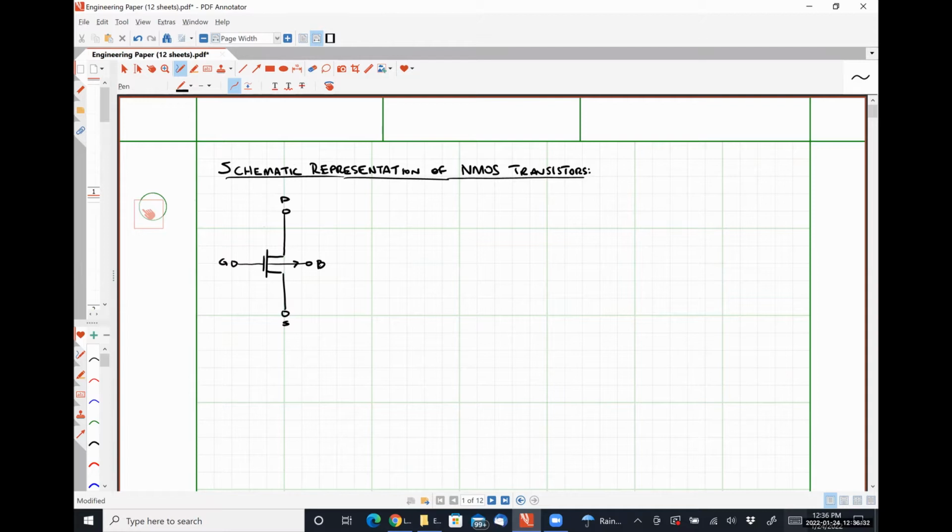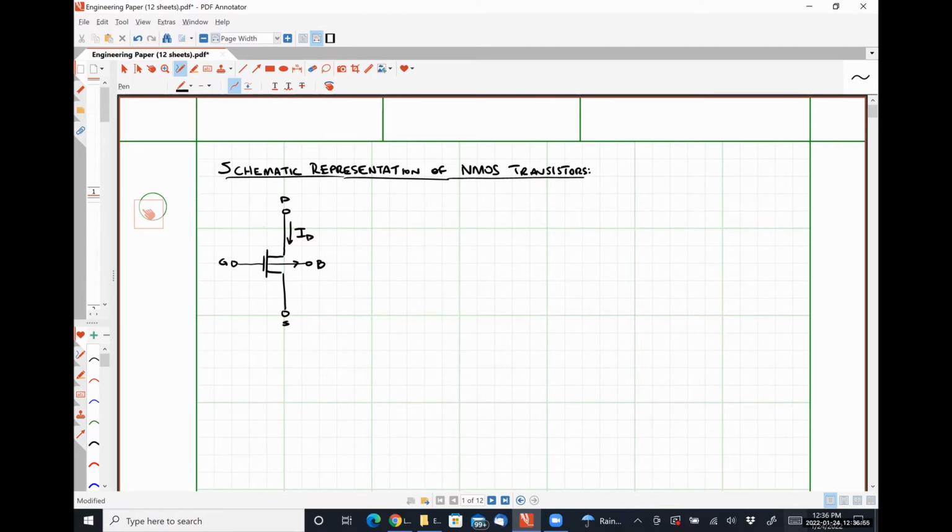And for an NMOS transistor, the arrow points out towards the body terminal. Our drain current is defined to be in this direction. So it flows from the drain to the source, which may seem odd because the source is what's really supplying charge carriers for this device.